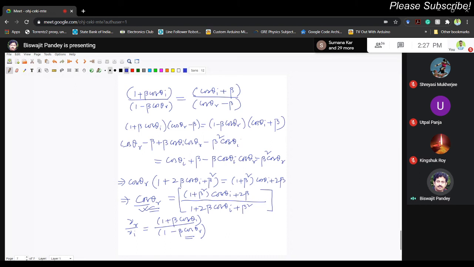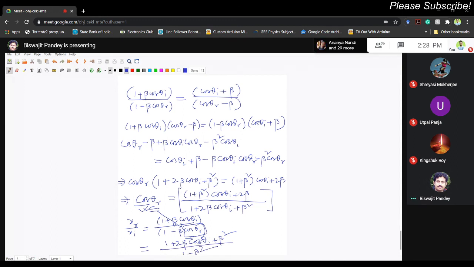Everything will come in terms of theta I. I am not doing that, so just do it, and you will get (1 plus 2 beta cos theta I plus beta square) divided by (1 minus beta square).